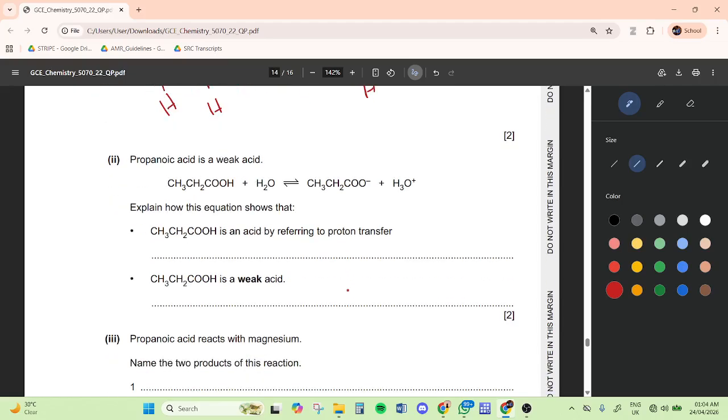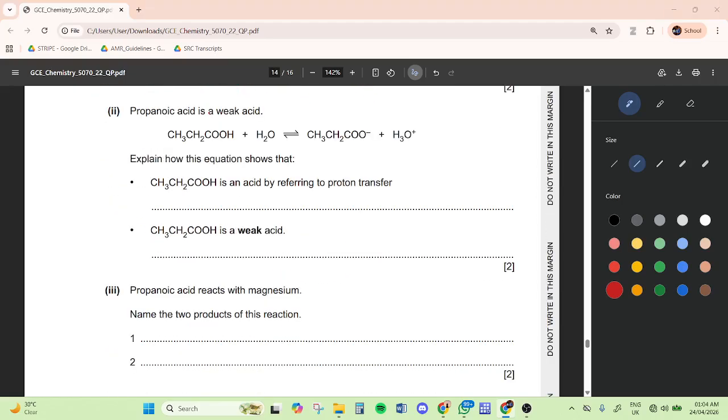Propanoic acid is a weak acid. Explain how this equation shows that propanoic acid is an acid by referring to proton transfer. You'll notice that a proton is essentially just a hydrogen ion. So propanoic acid is losing a hydrogen ion, H+, to water.